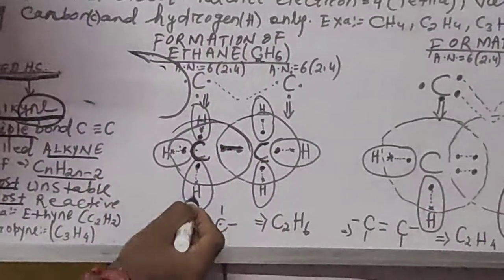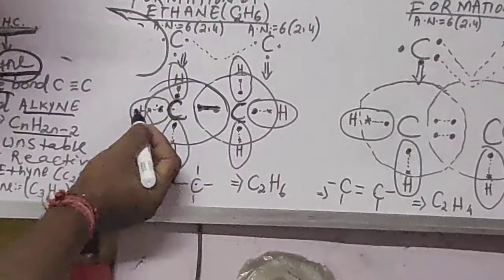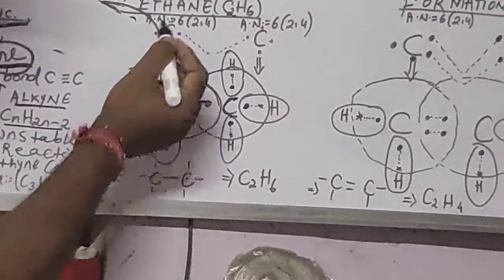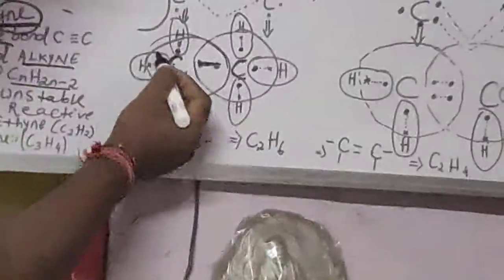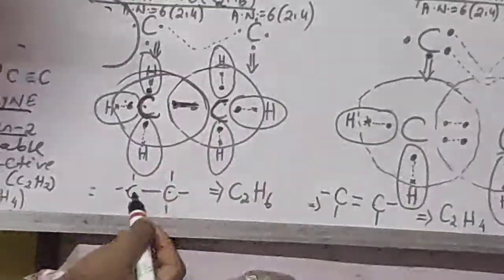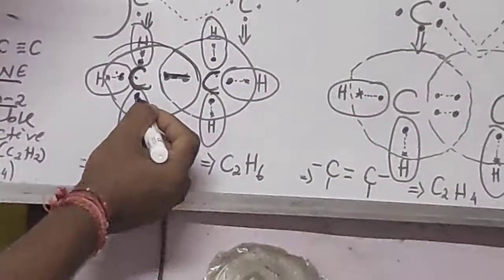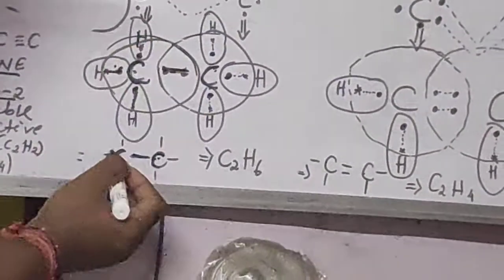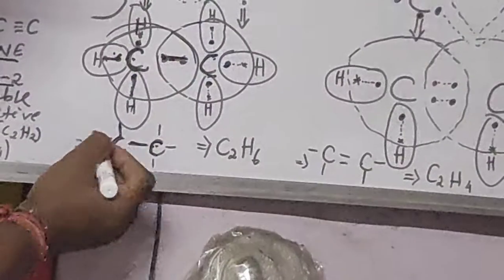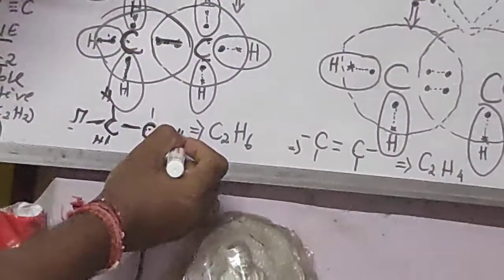They will make bonds with hydrogen. So there are 3 bonds with hydrogen, and between C and C a single bond. We put C, C single bond, and 3 hydrogens on each carbon.